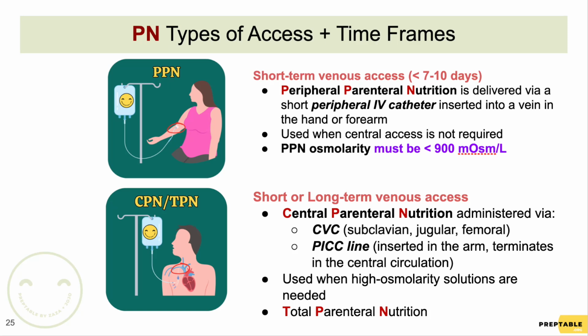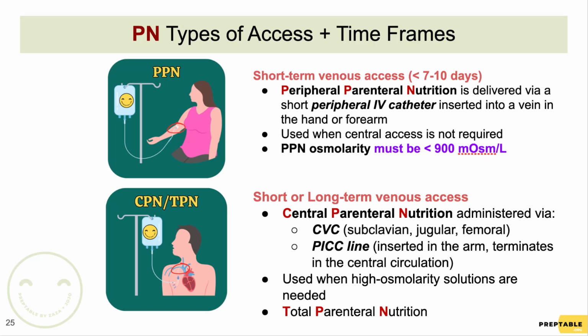This type of access is achieved using either a central venous catheter, a CVC, which is inserted directly into one of these central veins, or a peripherally inserted central catheter, or a PICC, which is inserted through a peripheral vein, typically in the arm, but extends so that the tip resides in the superior vena cava, making it a central line.